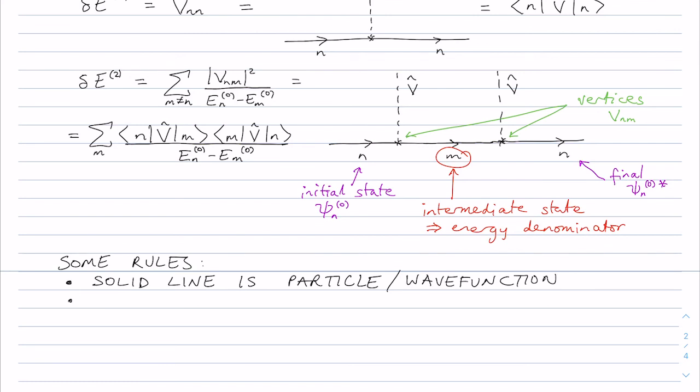You would say a rule such as a dashed line or wavy line is a perturbation.